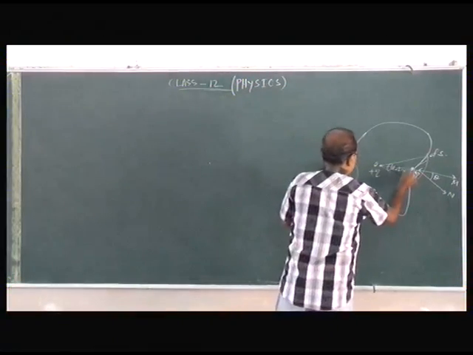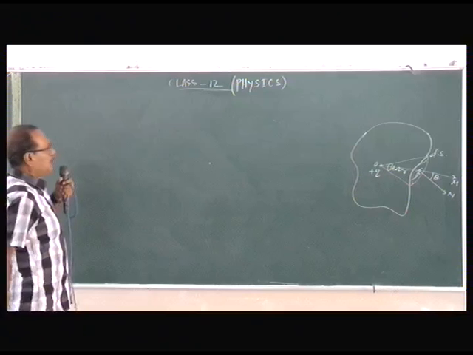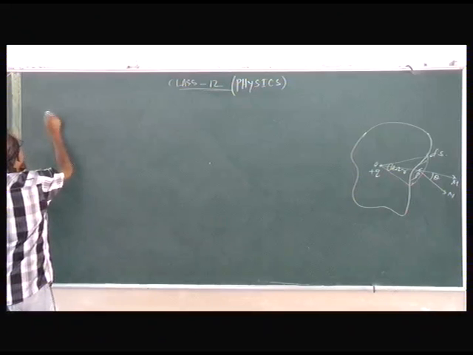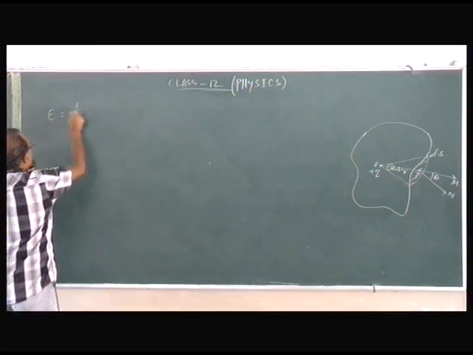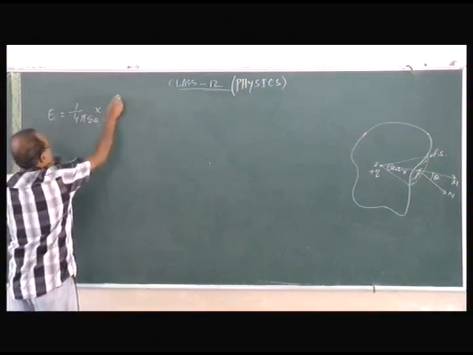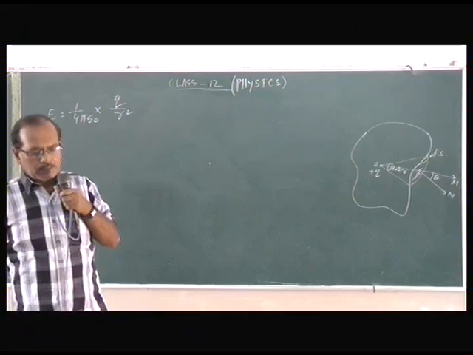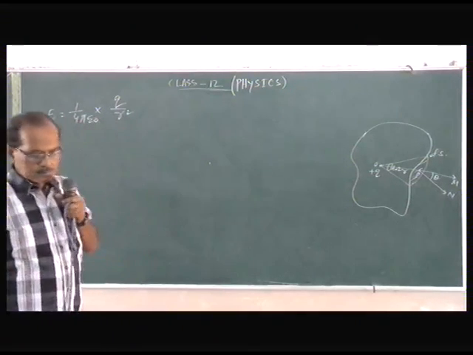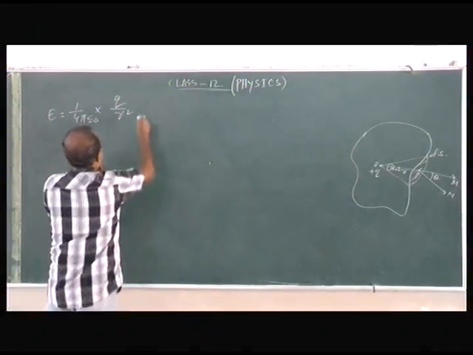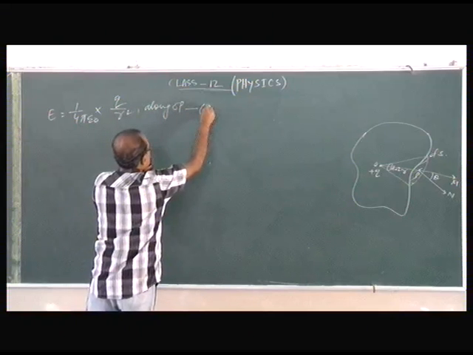Say the distance of P is R. The electric intensity at P due to charge Q is E equal to 1 by 4 pi epsilon naught into Q by R square, again along OP. This is equation number 1.